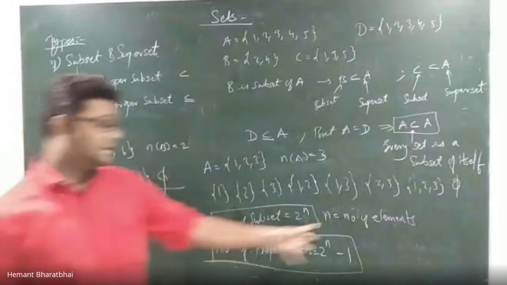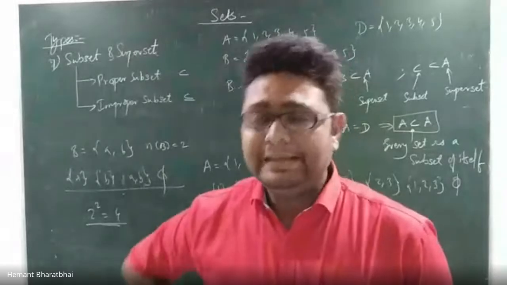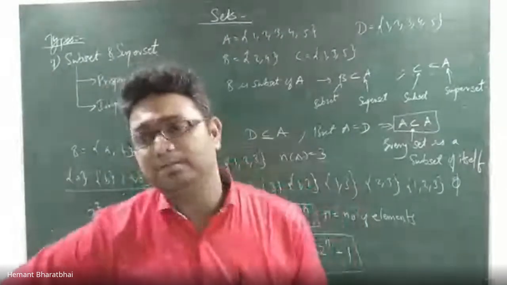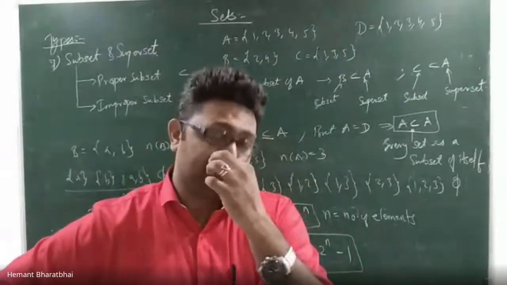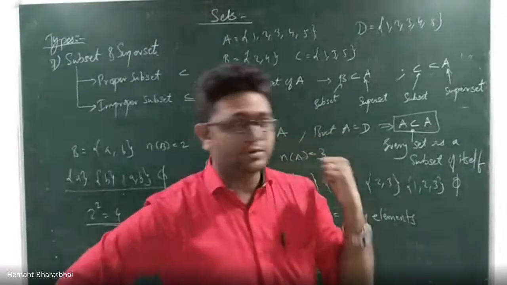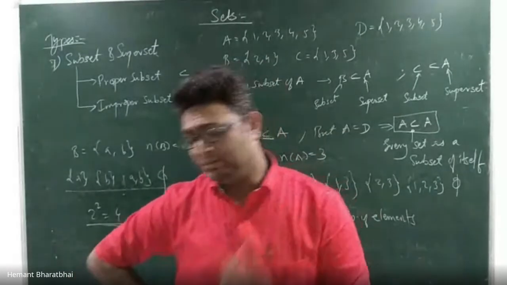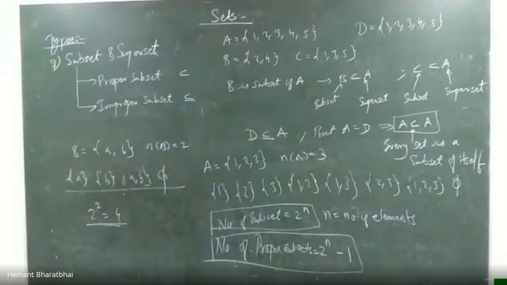If it is asked, you have to read it very carefully in the exam. Is he asking the number of subsets or is he asking the number of proper subsets? Okay, if he is asking the number of proper subsets, then you have to remove 1 from 2 raised to n. So this is like a formula.